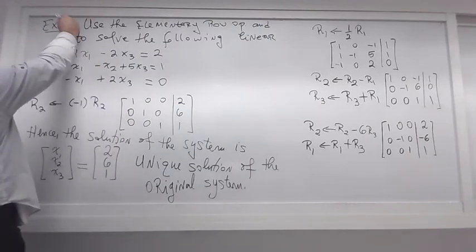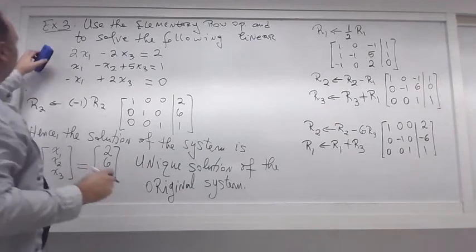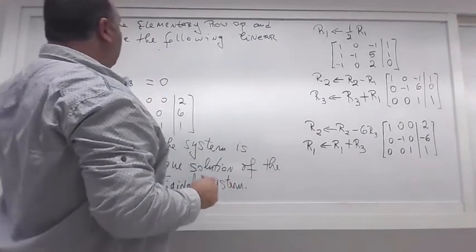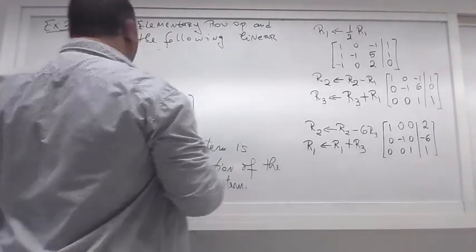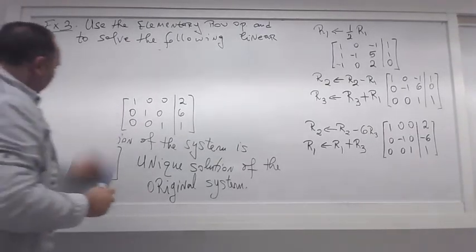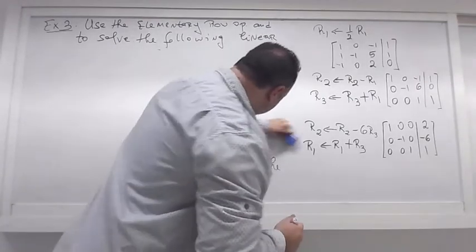So example 3. Again, use elementary row operations and Gauss-Jordan elimination to solve the linear system. Well, I erased that. Okay, fine. Doesn't matter. So I'll just change the system to see what happens.